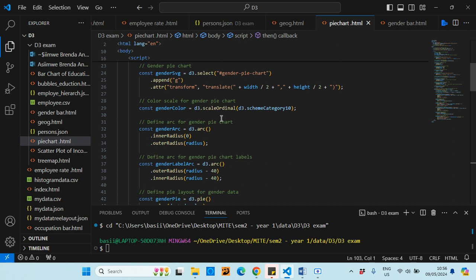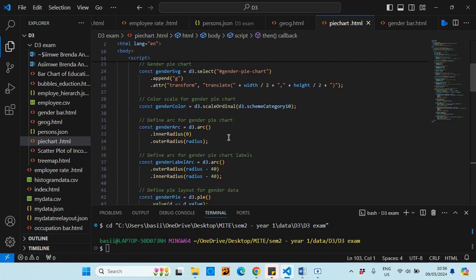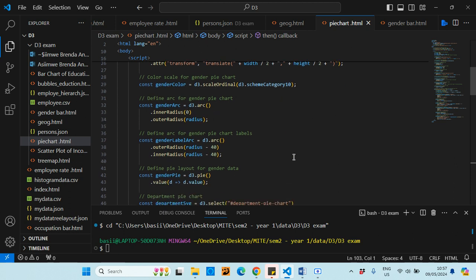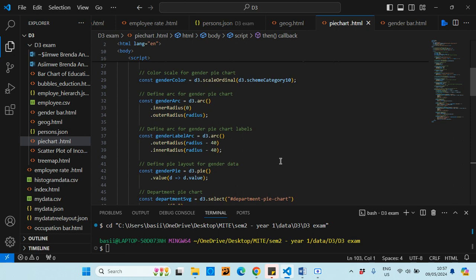Here we declare the color scheme, the colors we are going to use. Then this constant gender arc is used for the arcs. They are used for slicing the pie chart, so that it has the different slices.